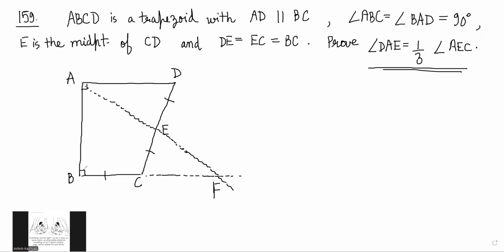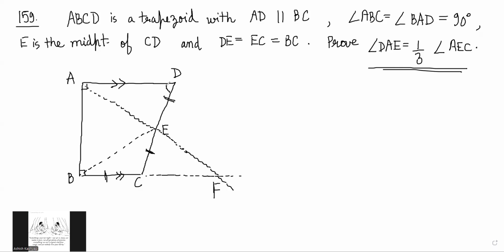And we should join BE also with a dotted line and then try to analyze what is happening here. So the question has told us these distances are equal. Okay, so there is clearly an isosceles triangle here, right? Yes, sir. And this angle will be equal to this angle. And this side is parallel to this side, right?